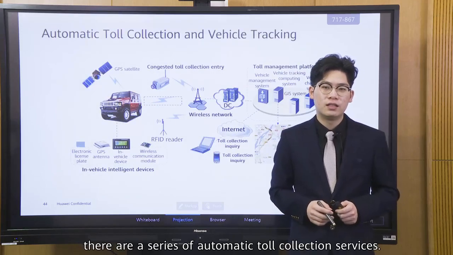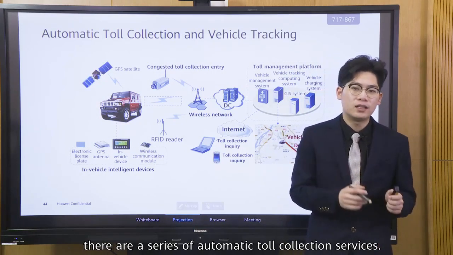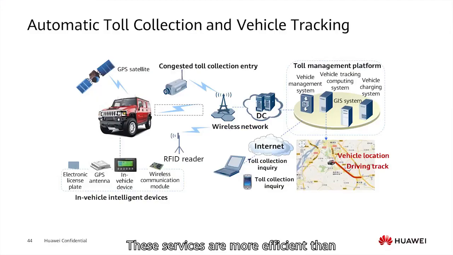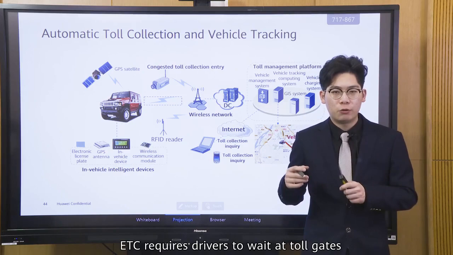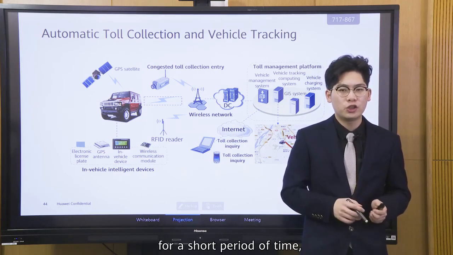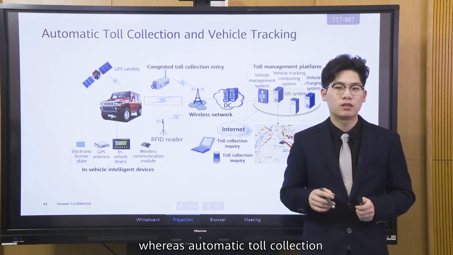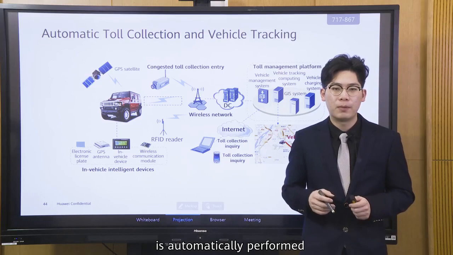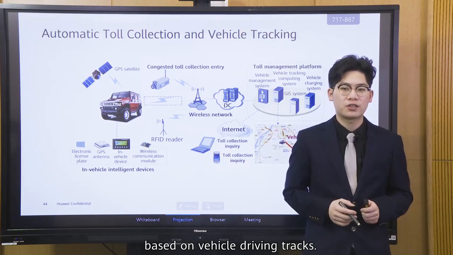In addition, there are a series of automatic toll collection services. These services are more efficient than the electronic toll collection that we are currently using. ETC requires drivers to wait at toll gates for a short period of time, whereas automatic toll collection is automatically performed based on vehicle driving tracks.